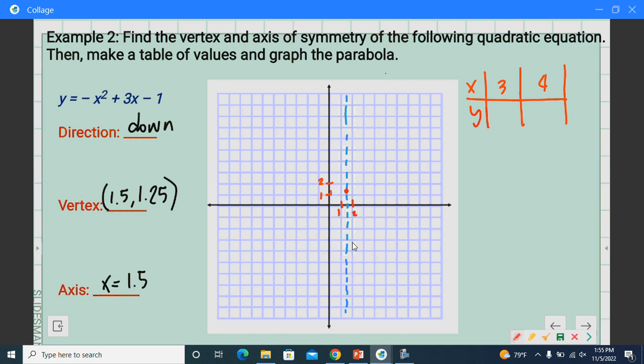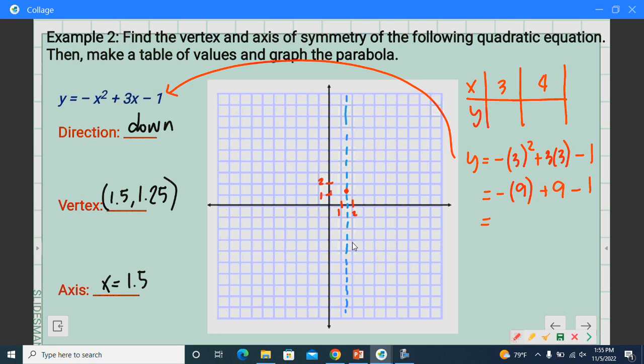So if our x is 3, it's negative 3 squared plus 3 times 3 minus 1. That is from here, okay? That is negative 9, because 3 squared is 9, plus 9 minus 1, so that is negative 9 plus 9 minus 1, that will give us negative 1. Okay, so let's plug it in. If our x is 3, our y is negative 1. So there you go.